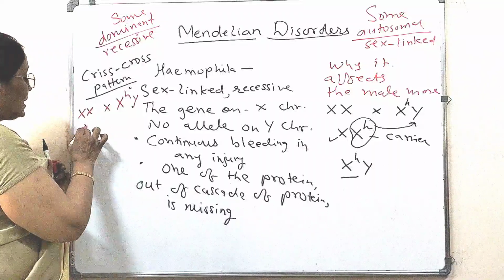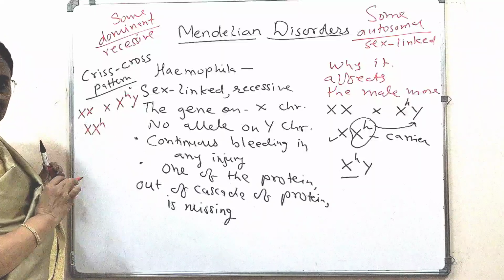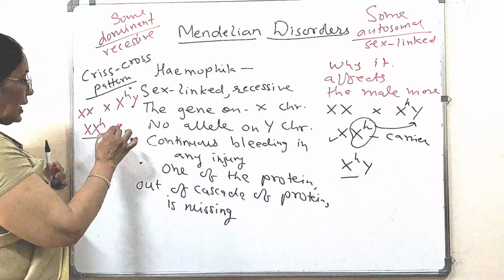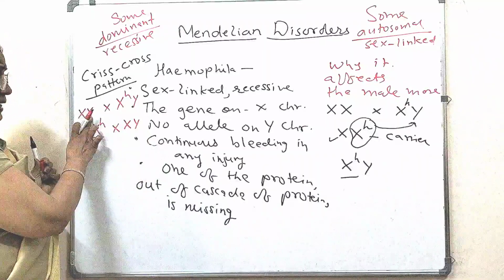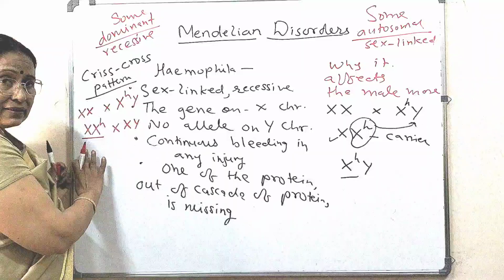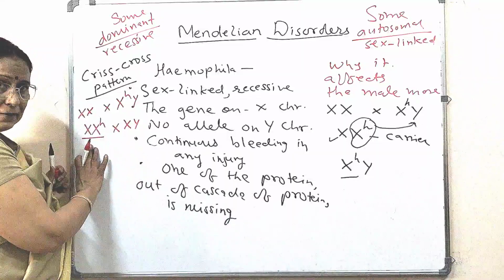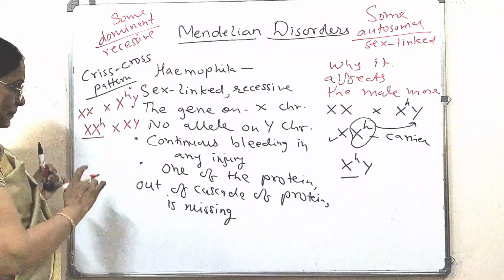So the girl child is the carrier, and the boy is not affected, because he got the X from the mother and his own Y. In this generation, the female is the carrier, when only the father is carrying the recessive allele.